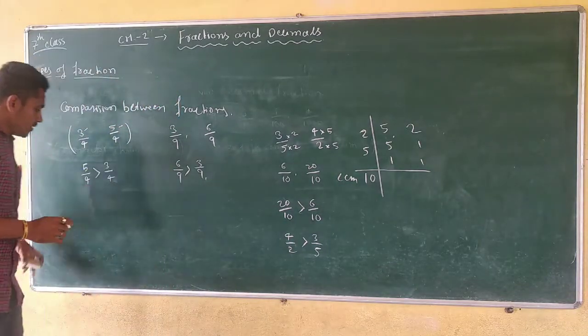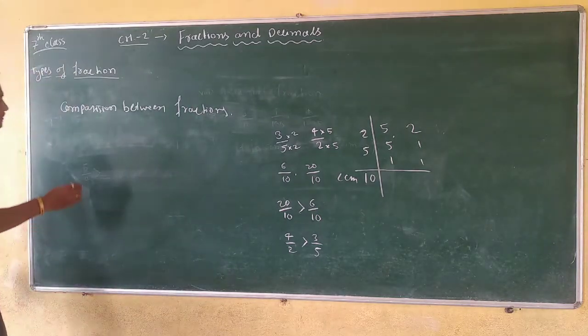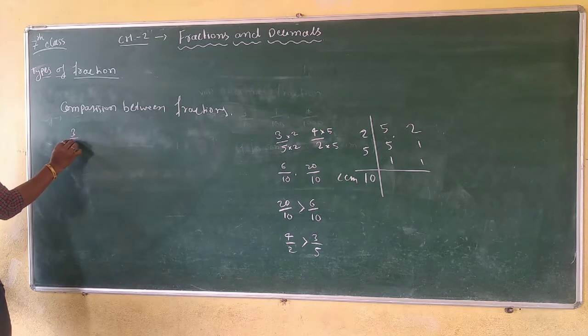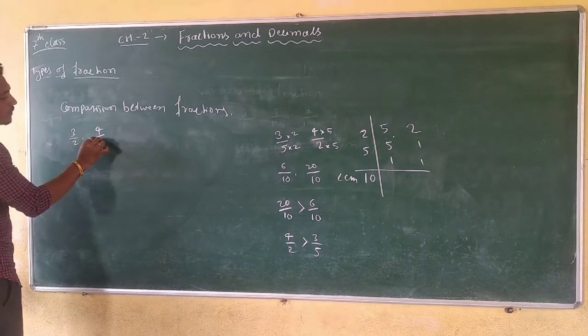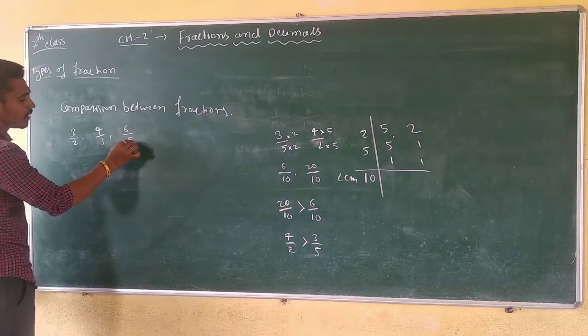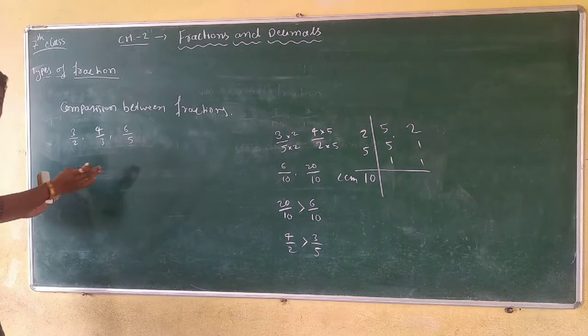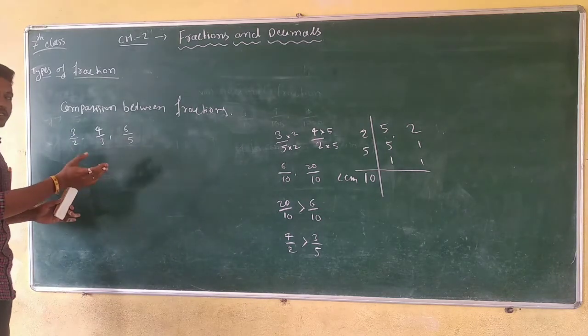In the case of 3 different fractions, 3 divided by 2, 4 divided by 3 and 6 divided by 5, compare these 3 fractions and write which one is greater and which one is smaller.